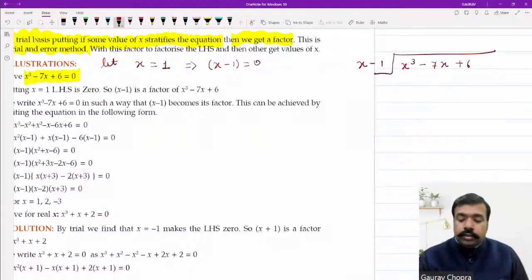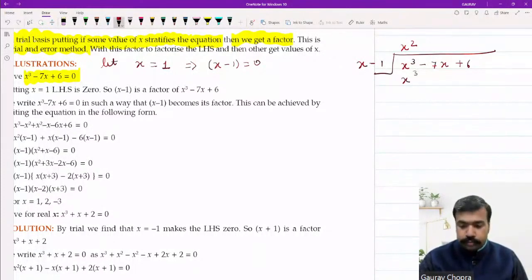We can multiply x with x squared so that x cube gets cancelled. So x cube, and then we write minus x square. For cancellation, we change the sign. So x cube gets cancelled and we get x square.